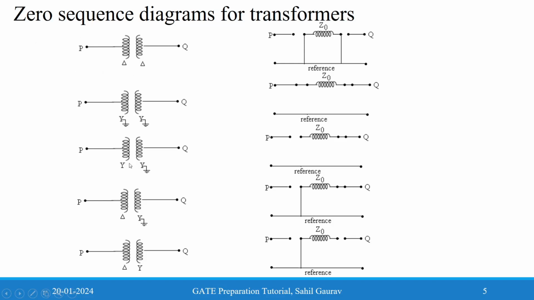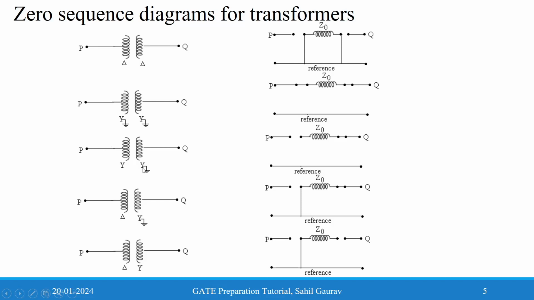Now these are the 5 configurations for transformers. The first one is delta delta, so the shunt switch will be closed and the series switch is left open. In the second configuration, here is a star with grounded, so the shunt switch is kept open and the series is closed.